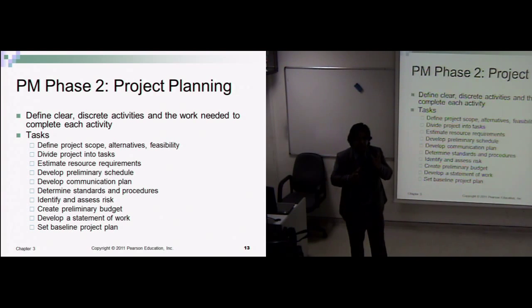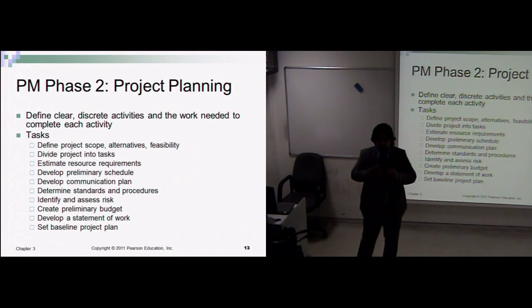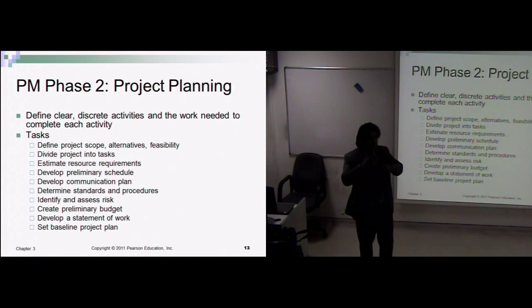Now discrete means there should be no overlap. For example, he is working on a couple of activities. Discrete activities means he should understand when an activity is started and when it is completed. He should not be confused with some other part of the project.